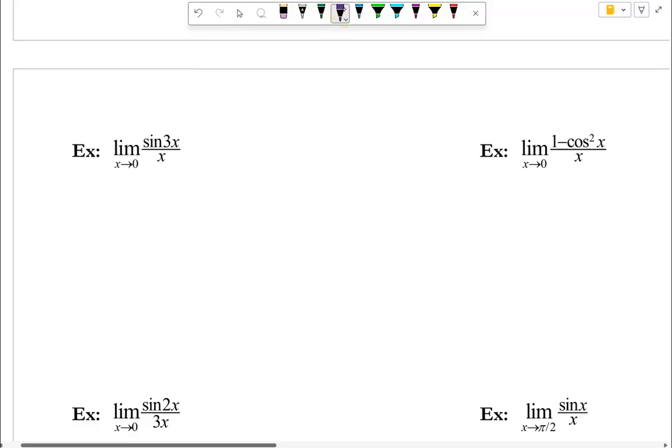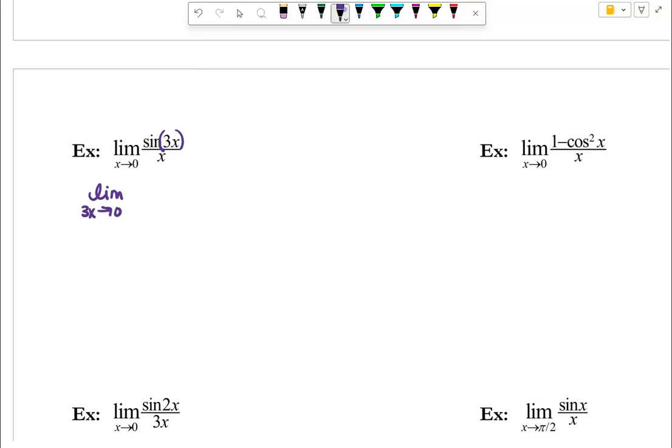So remember, the parentheses around this are implied. 3x is the argument of the sine function. I can't get rid of that 3. But what I can do is create a 3 in my denominator. So I can rewrite this and think of this as the limit as 3x approaches 0.